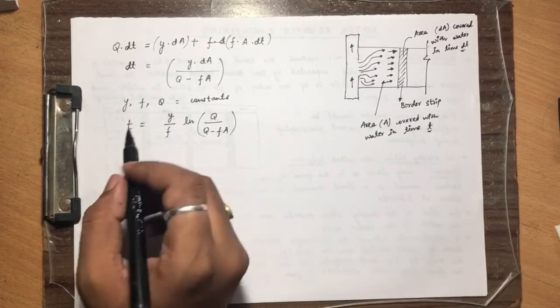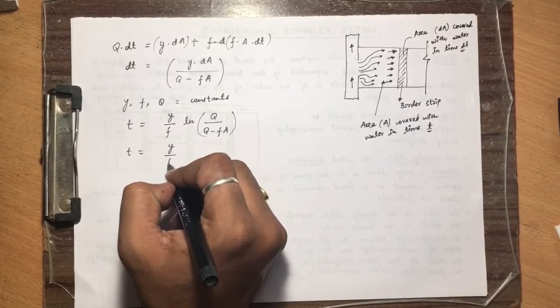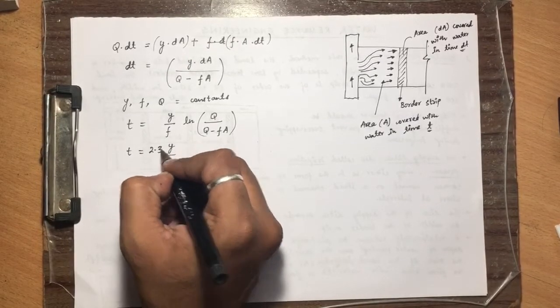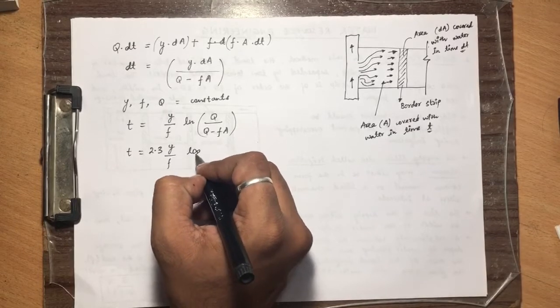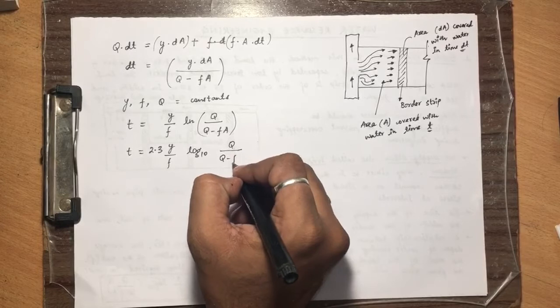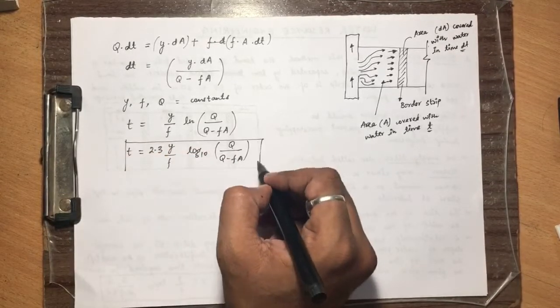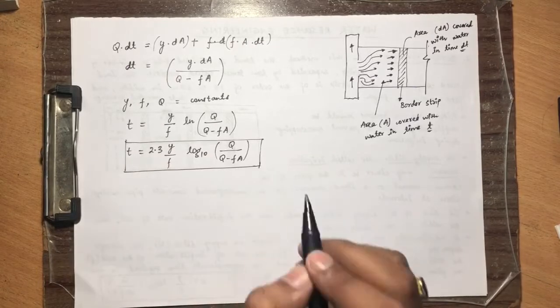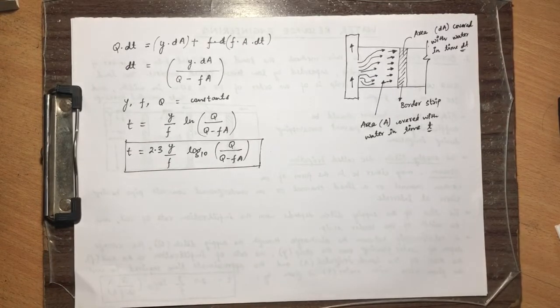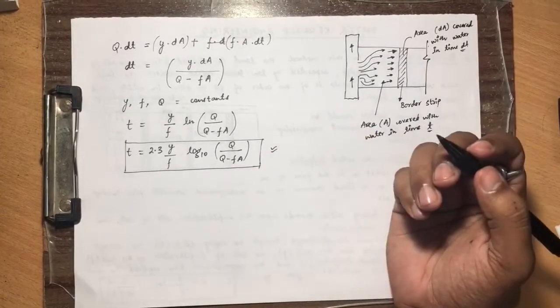If we want to convert this natural log to base 10, we have to multiply by 2.3. So I guess this is the equation we were searching for.